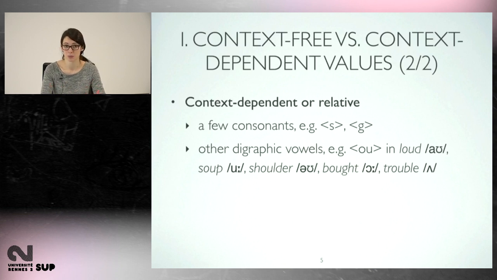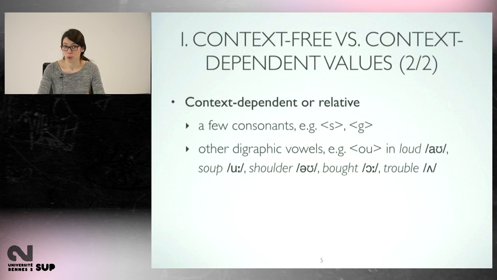In this type of context, you can predict that the OU grapheme is going to be pronounced as O, a diphthong O. Then in bought, you have another very special type of context, which is the use of OU before the GHT. In this type of context, OU is going to be realized as aw, as in bought. You can think of other words such as sort, for instance, and thought.